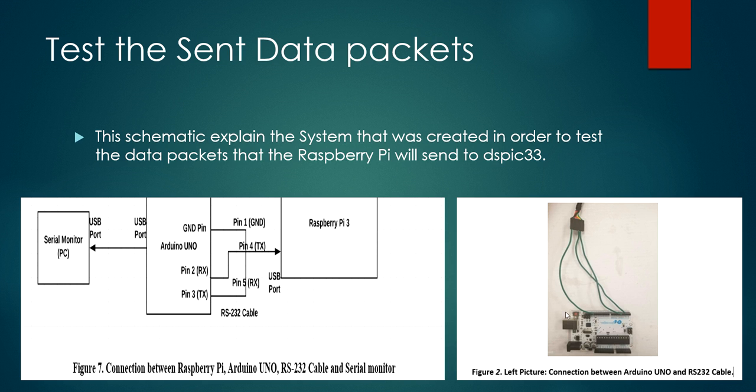Here you can see the Arduino and the RS-232 cable. That's how the connection was done. The part that is not shown will be connected to the USB port on the Raspberry Pi.